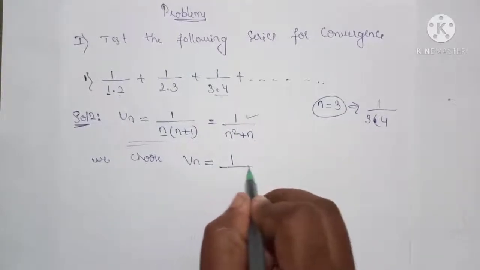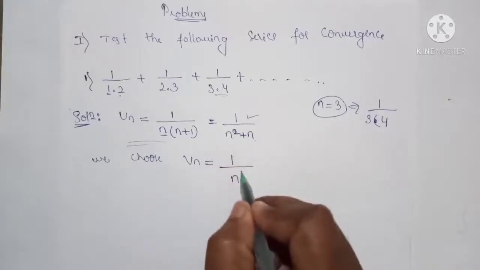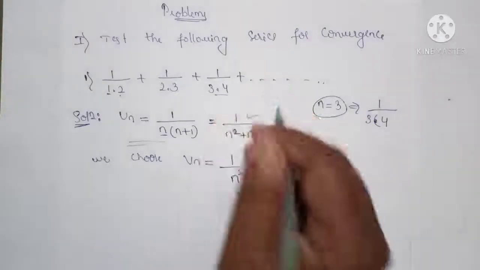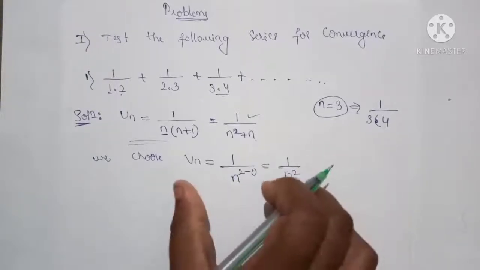Therefore we take n to the power of highest degree in the denominator, 2, minus highest degree in the numerator, 0. Therefore we choose 1 divided by n square as Vn.